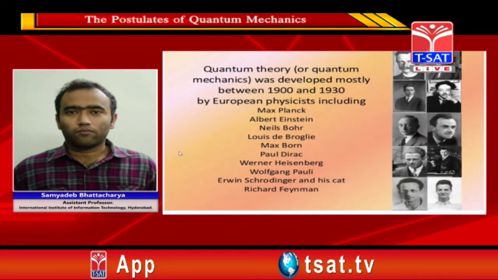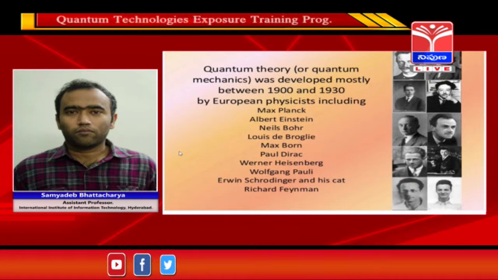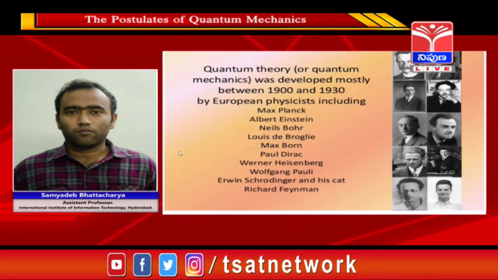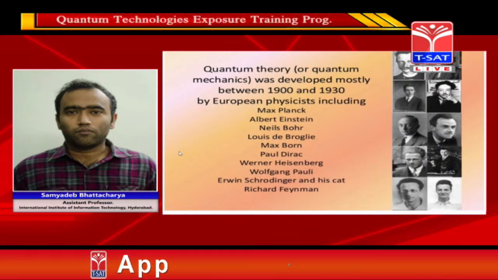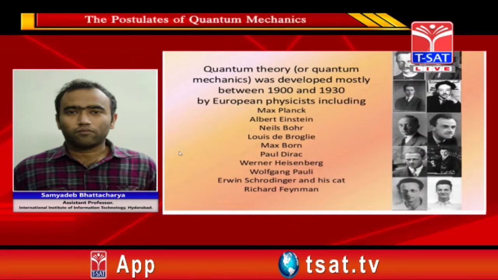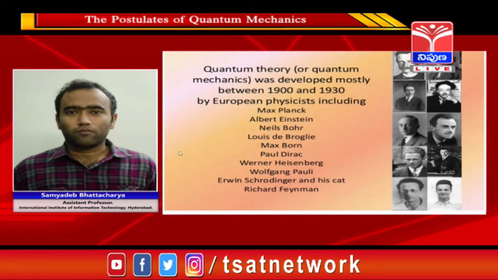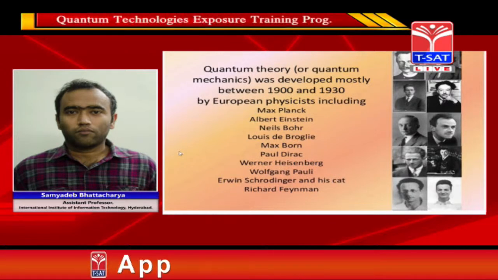These are the physicists that we give the credit for the development of quantum theory. This is Max Planck, and all of you know Albert Einstein, and then Niels Bohr, Louis de Broglie, Max Born, Paul Dirac, Werner Heisenberg, Wolfgang Pauli, Erwin Schrodinger, and Richard Feynman.